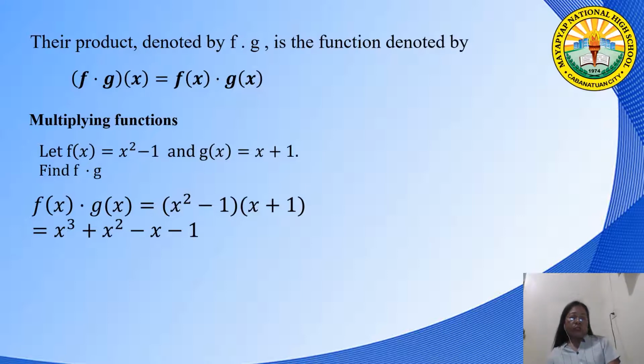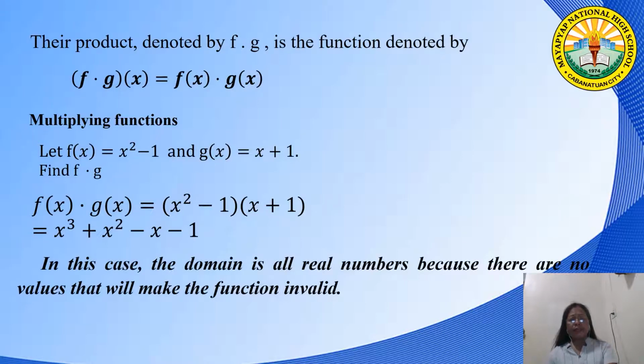There is no similar term. That's why this is your final answer, f times g of x equals x cubed plus x squared minus x minus 1. In this case, the domain is all real numbers because there are no values that will make the function invalid.